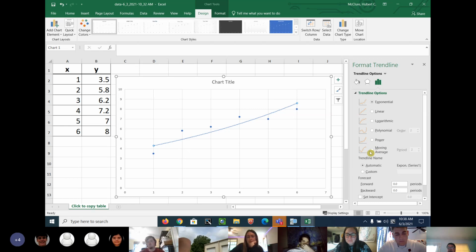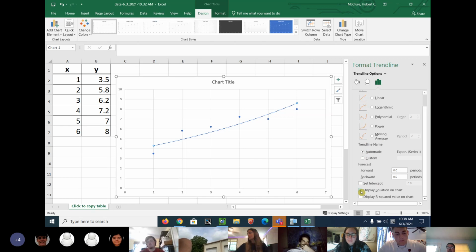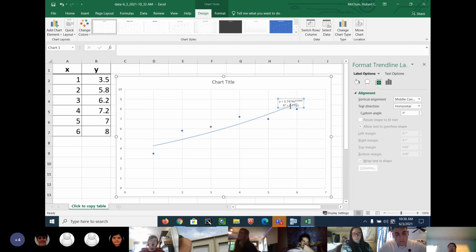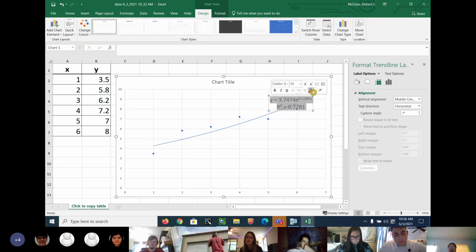Let's look at the R factors. R's will tell us. Okay, for this one, that's an exponential. R is equal to the square root of 0.7781. Somebody take the square root of 0.7781.